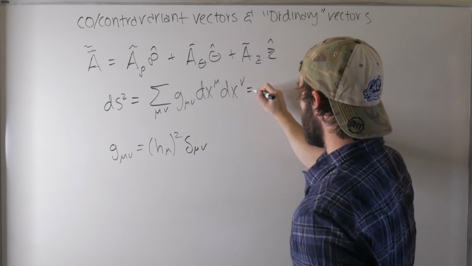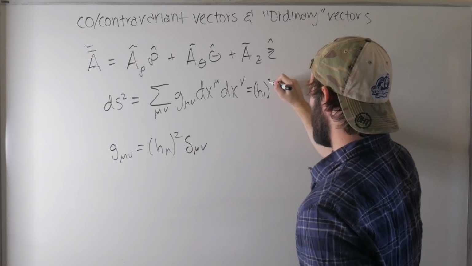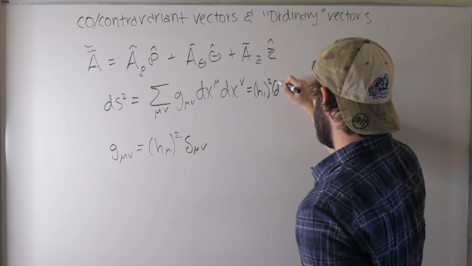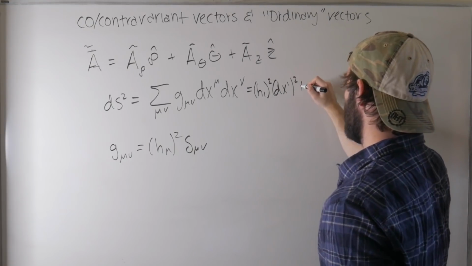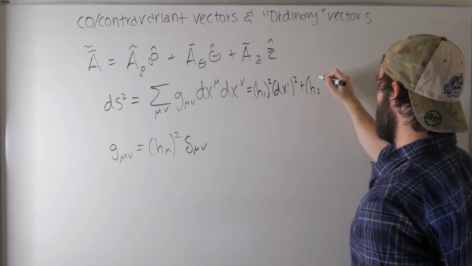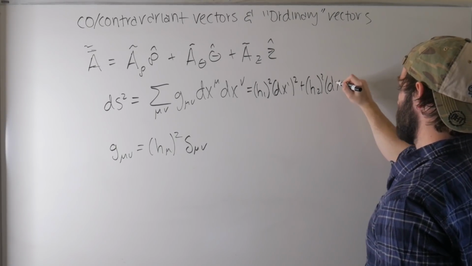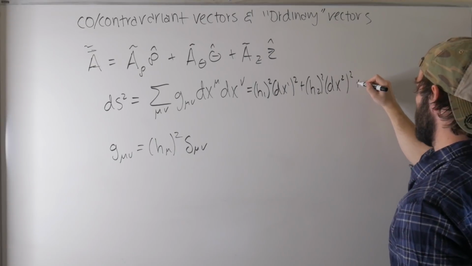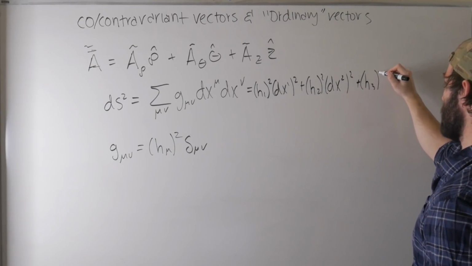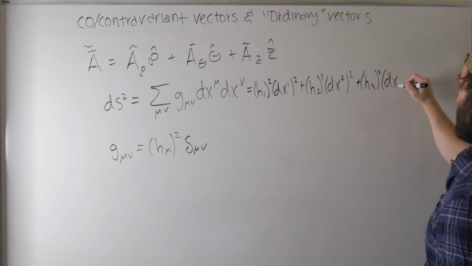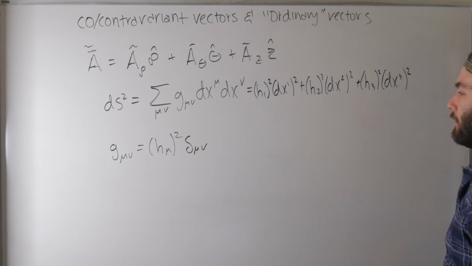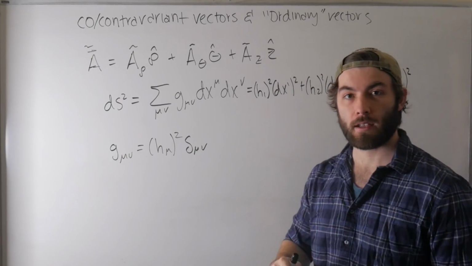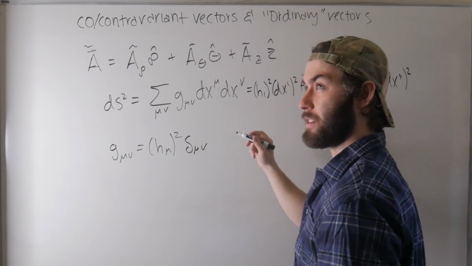So this is just equal to h1 squared times dx1 squared plus h2 squared dx2 squared plus h3 squared dx3 squared.